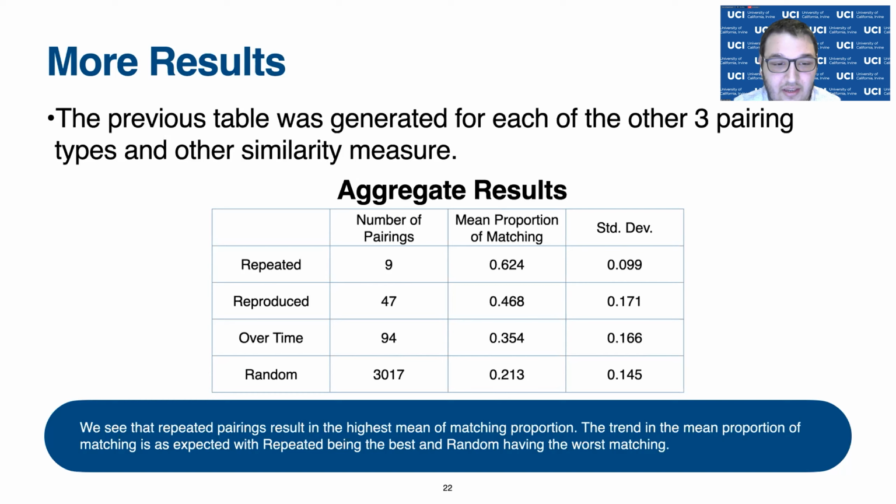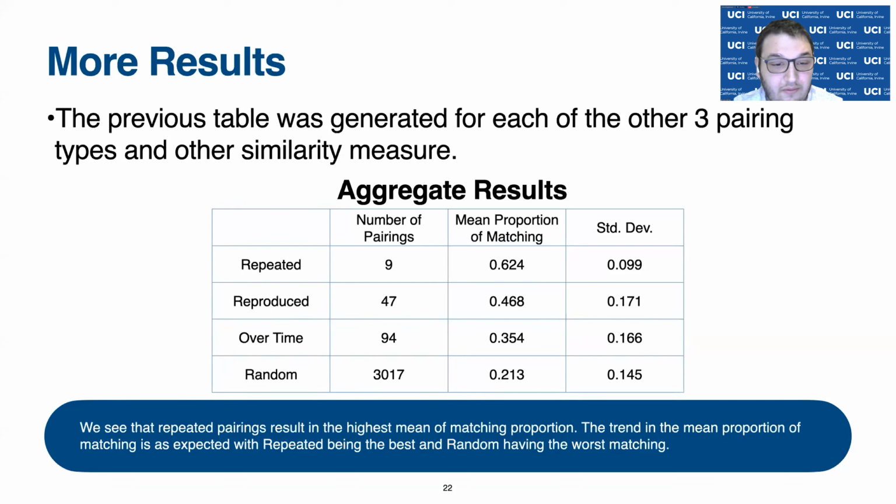And as you could see, our highest mean proportion of matching is actually for repeated. So if an examiner repeats the examination, they match on average 62% of the RACs. Reproduced is about 47%, over time 35%, and then random about 21% of the time.